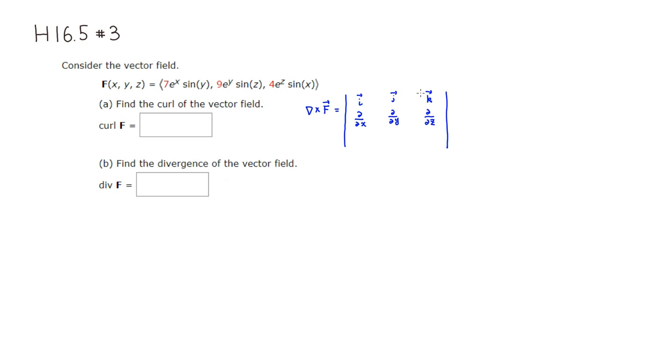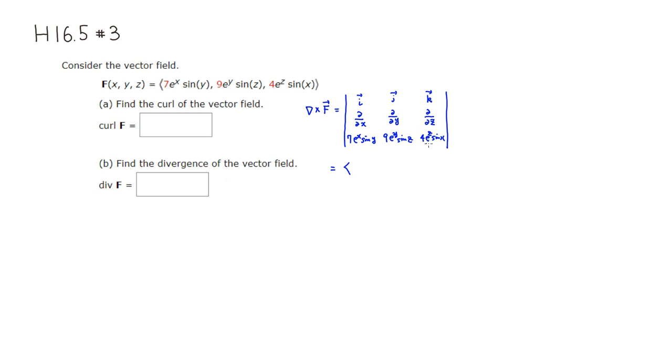The components are 7 e to the x sine of y, 9 e to the y sine of z, and 4 e to the z sine of x. So for the first component, hide the first column.